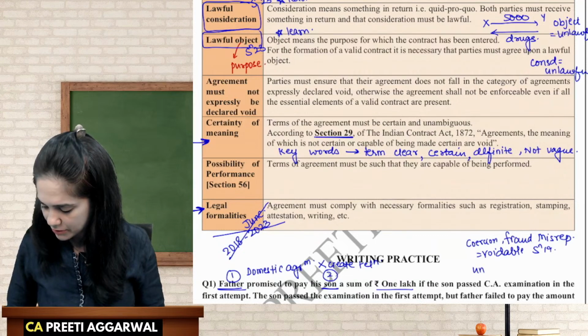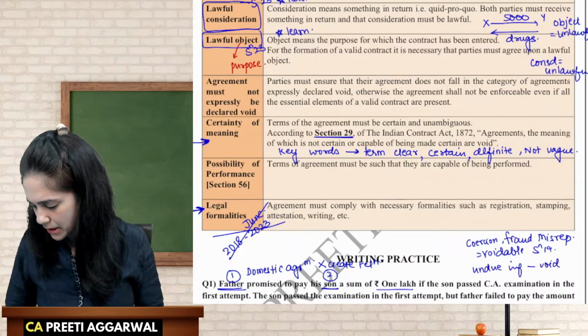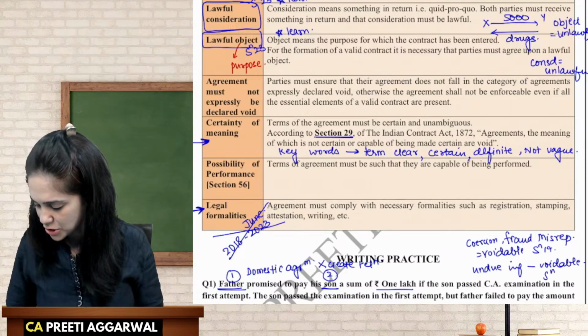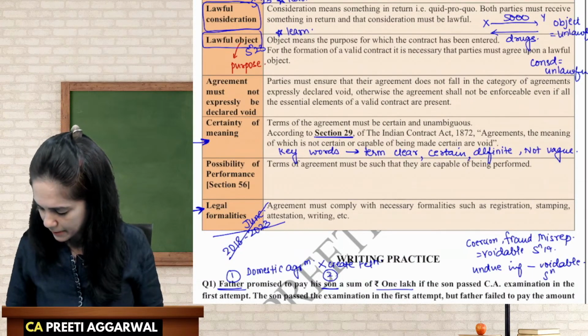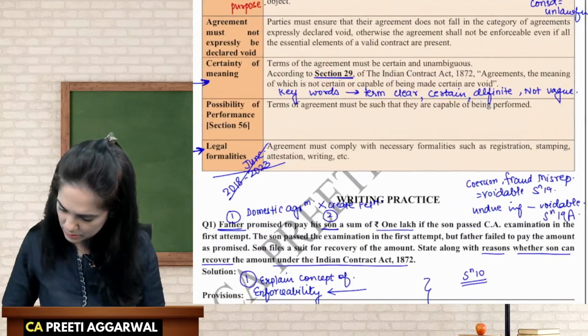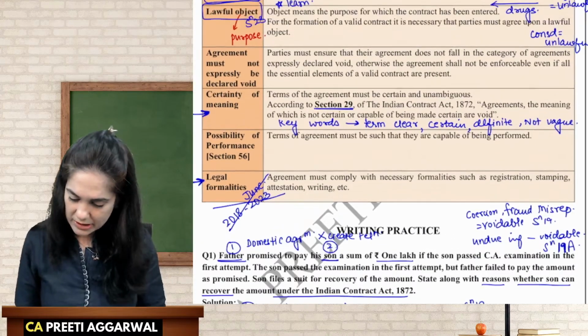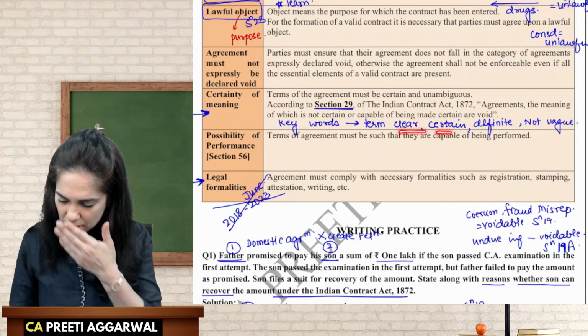And undue influence से consent अगर मैंने obtain किया है तो वो voidable है. ये दिया हुआ है section 19A में. Section 19A. Keywords है, the terms must be certain, definite and not vague.